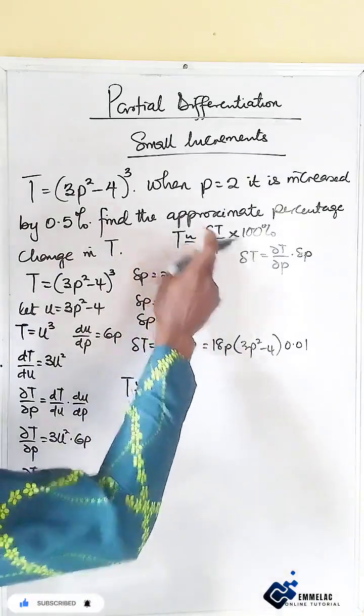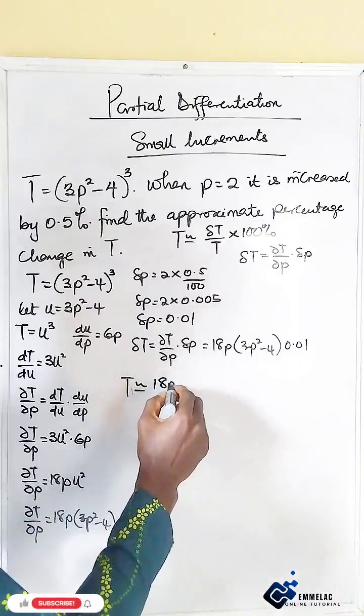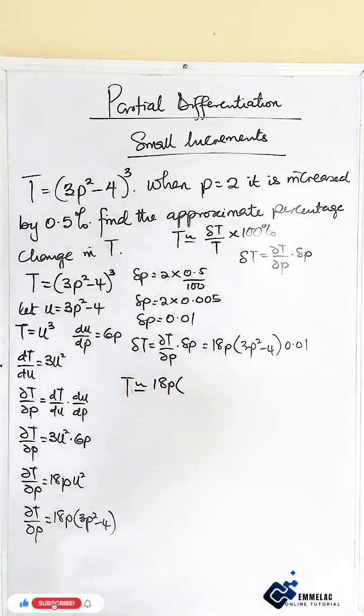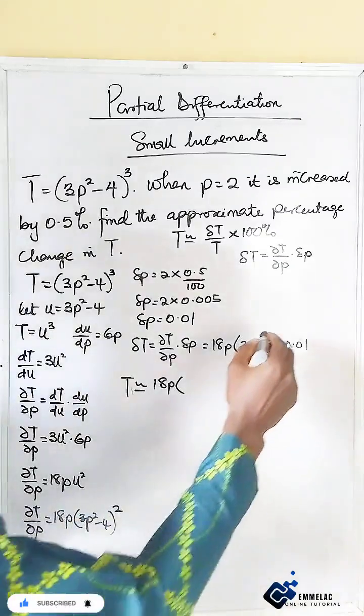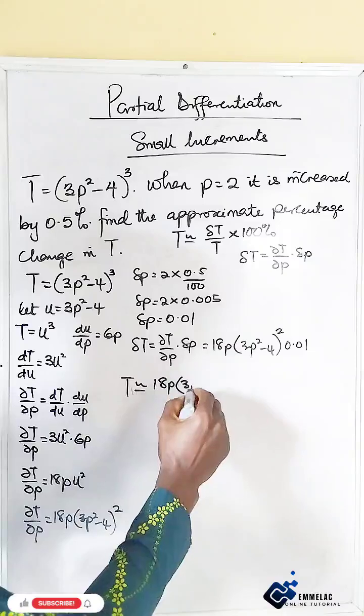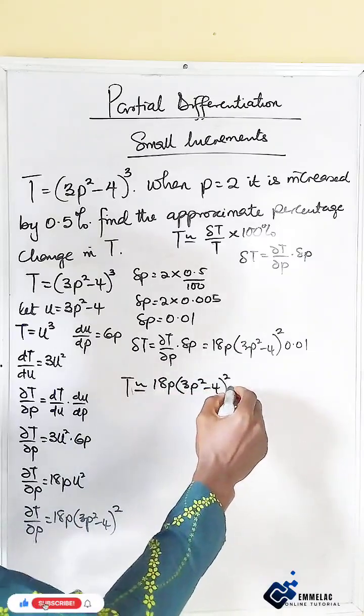Change in t, the whole of this, will be 18p into, sorry, squared, so here we have (3p² − 4) all raised to the power of 2, then times 0.01.